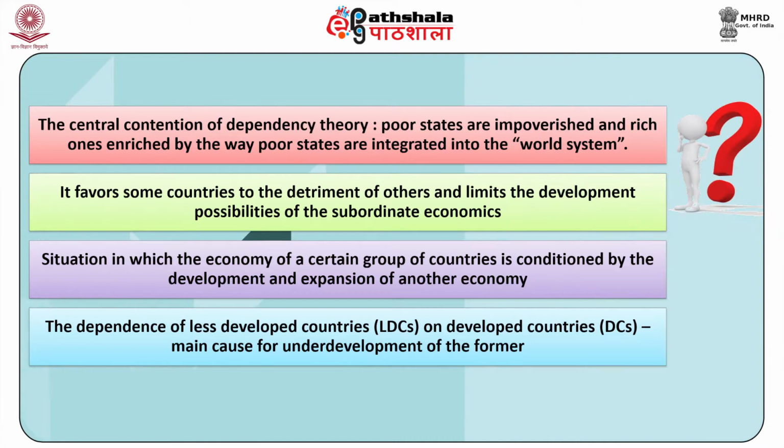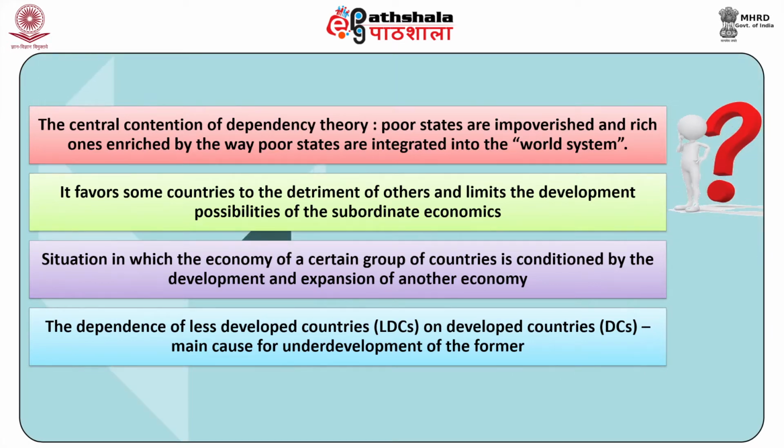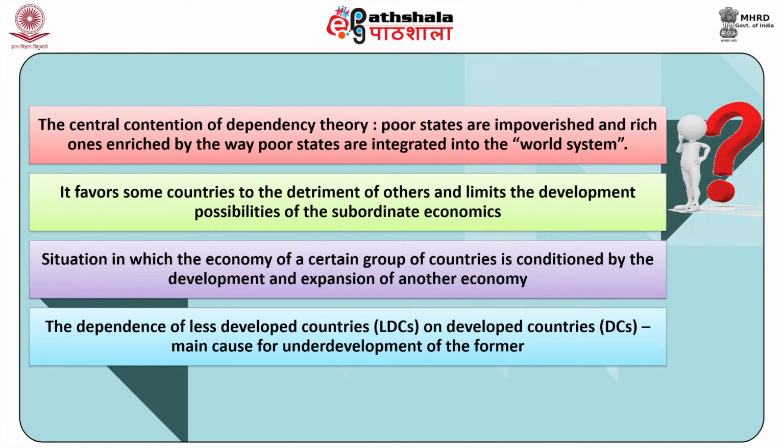And so dependency can be termed a historical condition that shapes a certain structure of the world economy in which it favors some countries to the detriment of others. The favored countries are the first world countries, and the countries who were disadvantaged were the third world countries.